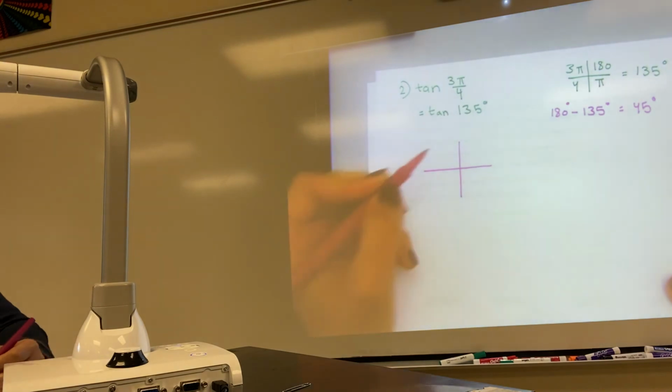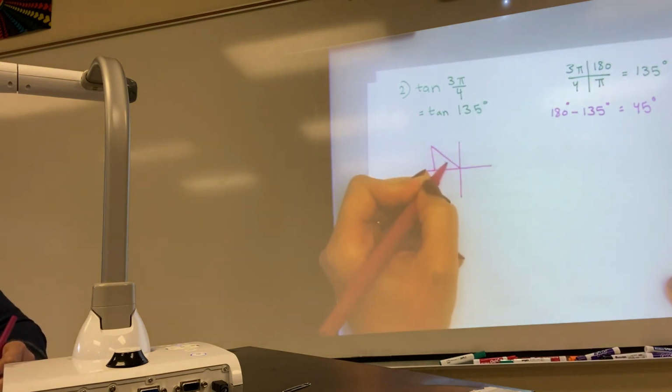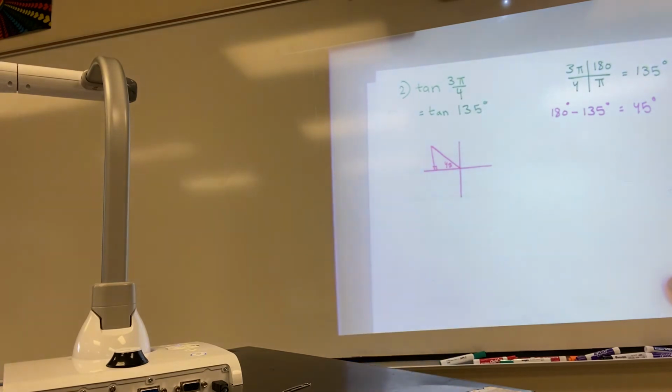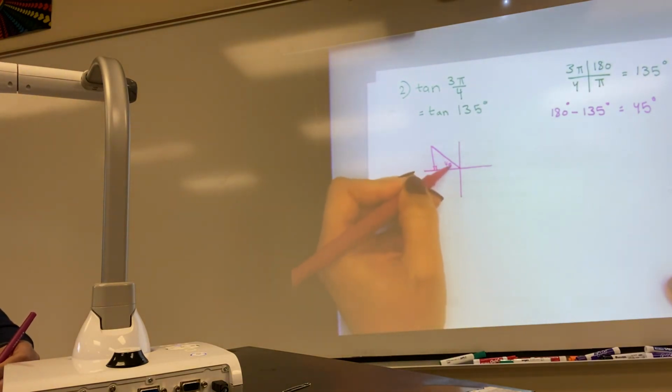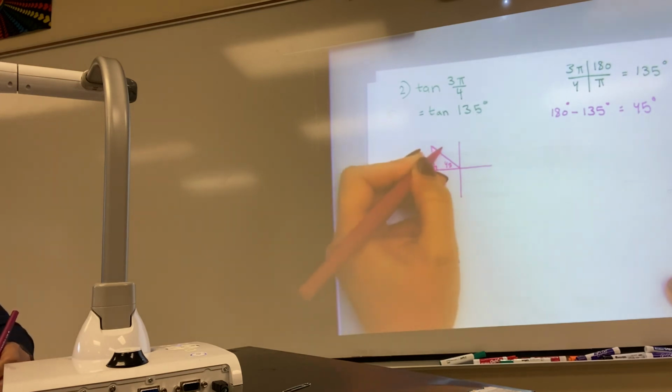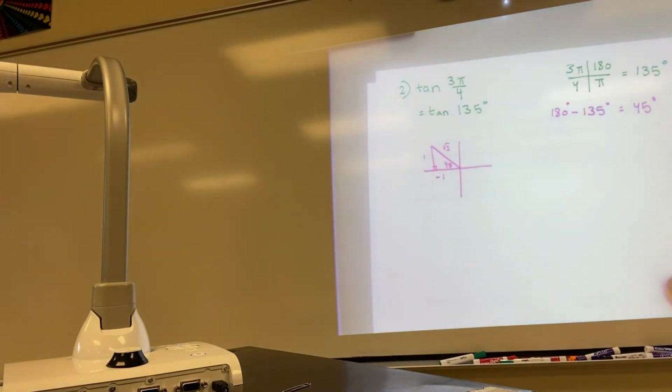My reference angle is 45, and I'm going to graph it here in quadrant 2. Here is my angle, 45, and this is a right angle. For the 45, 45, 90 triangle, the sides are 1, 1, √2 for the hypotenuse, and this is negative because we are in quadrant 2.